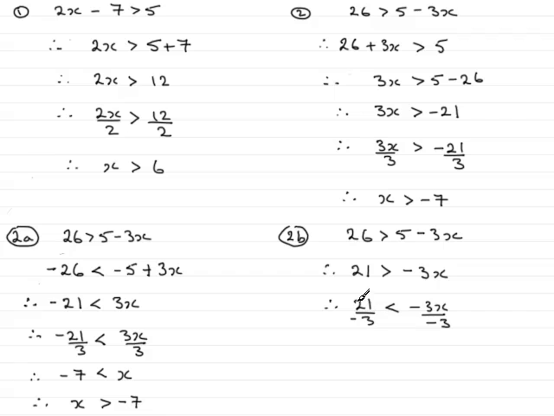Now we have that 21 divided by -3 is -7, and that is less than minus 3x divided by -3, which is x. But this says -7 is less than x, and I can read it in the other direction just as I did here, and therefore have that x is greater than -7.